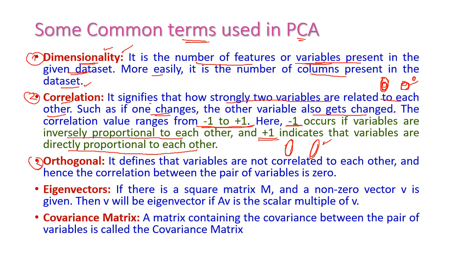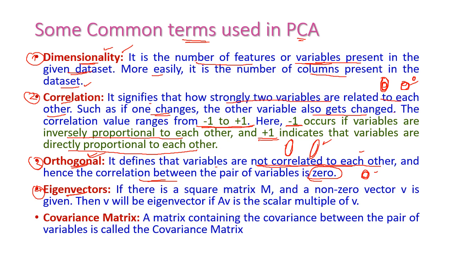And the third important term is orthogonal. Orthogonal means the variables are not correlated to each other. That means they are independent of each other. That means the relation between the pair is 0. 0 means the values are not related to each other. So this is orthogonal. And the fourth one is eigenvector.